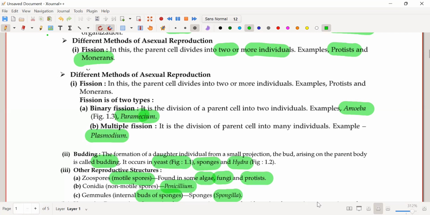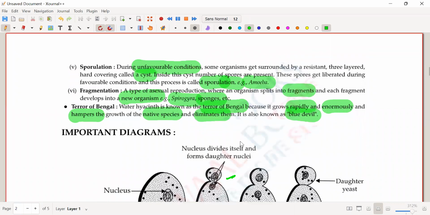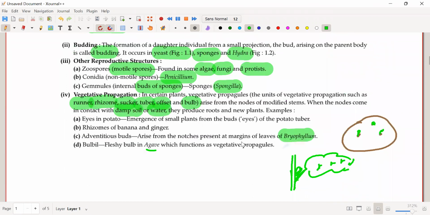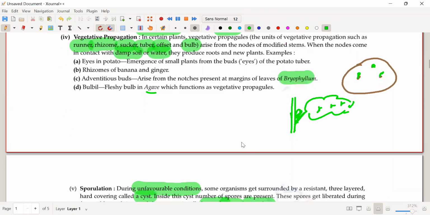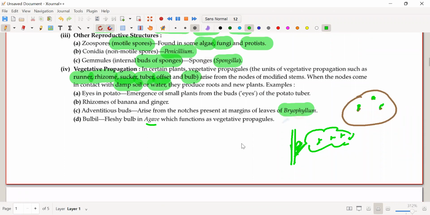Have you completed, Ma? Yes, sir. But vegetative propagation you have completed, isn't it? No. Until budding you have completed. Okay. Other reproductive structure. Move on with this.